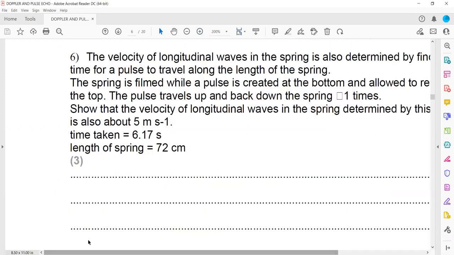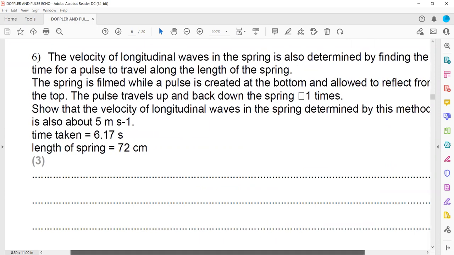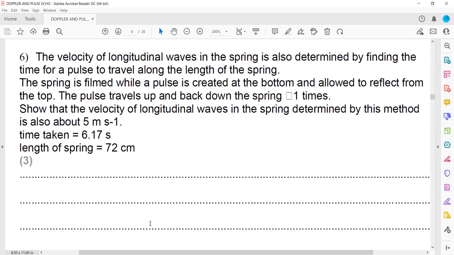In question 6, the velocity of a longitudinal wave in a spring is determined by finding the time for a pulse to travel along the length of a spring. The spring is hung, and the pulse is created at the bottom, allowed to reflect, and travels up and down the spring.